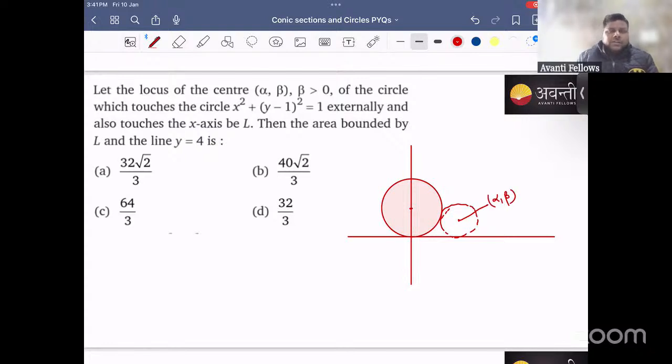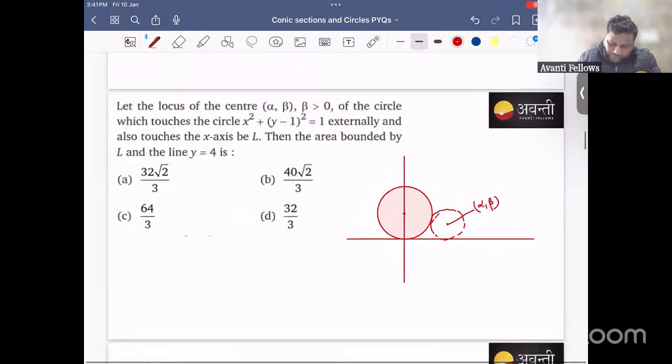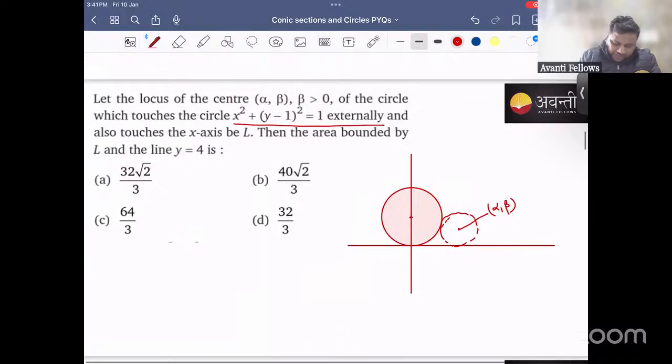Understood? So the locus of the center (alpha, beta) of the circle which touches this circle externally and also touches the x-axis. First of all, the priority is getting locus L.